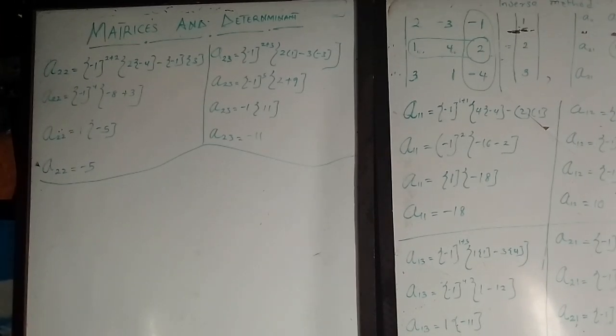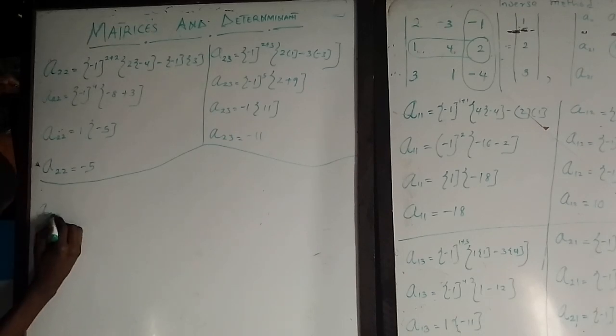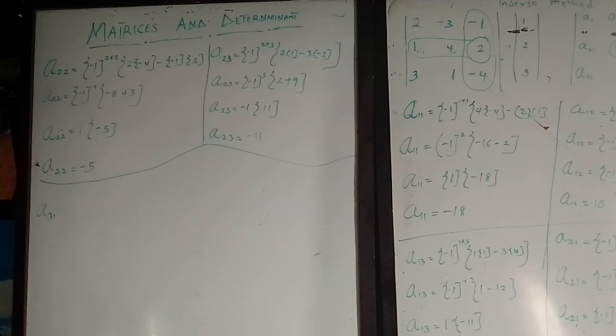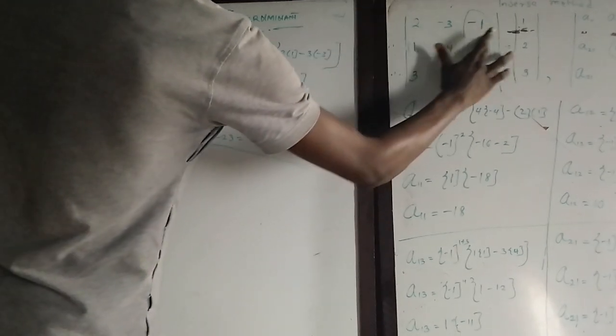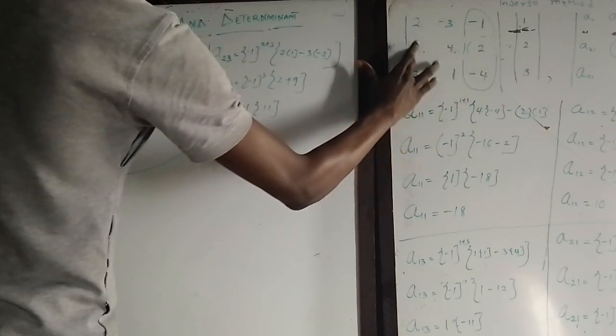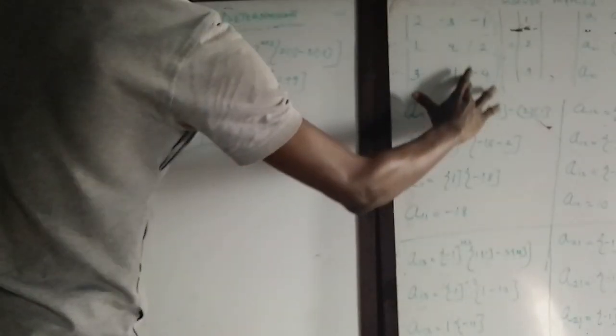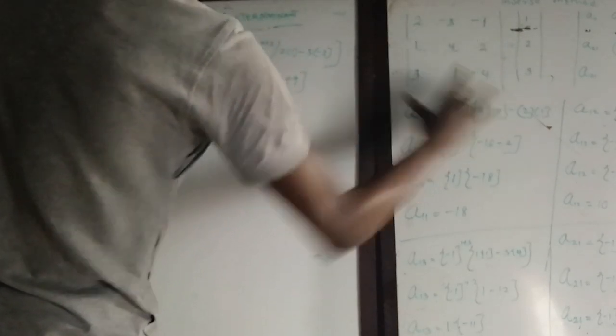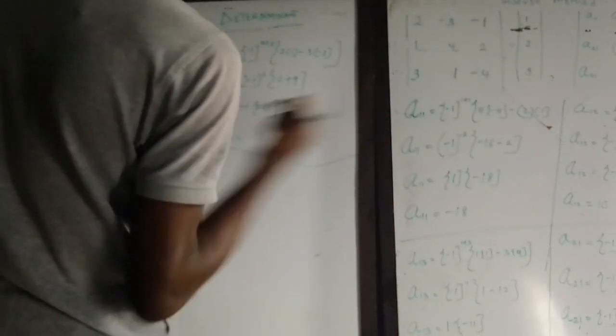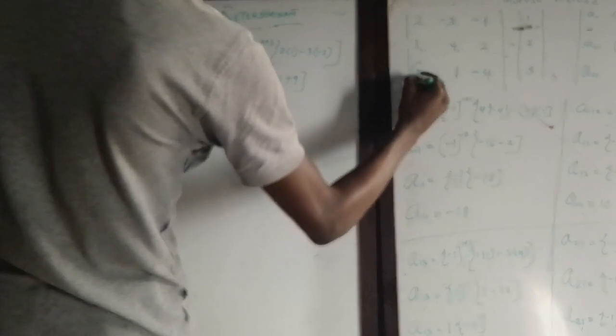So A31. Do you understand? So now our A31 is going to be, we are going to clean this. We don't need this again. Clean this. So now our A31 is 3.